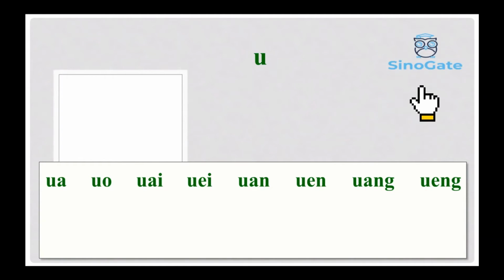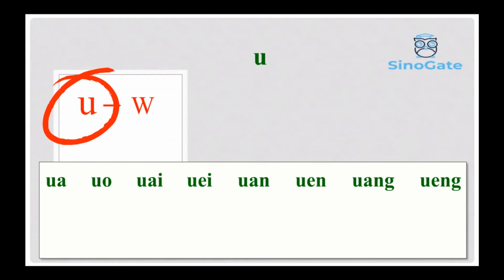So the W is what we use at the beginning of a syllable with U. So the W here is the big U. Same rule, when it's all by itself, we add one W in front of it. But when there are more parts, we can replace the U with the W. So the ones here, let's go through them together.